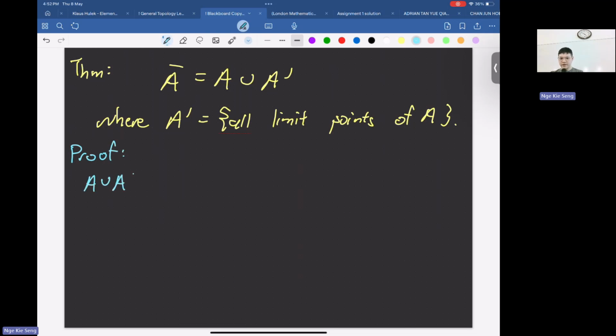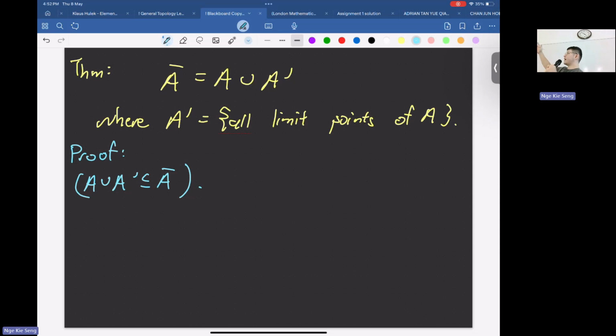So let's go from right to left first. A union A prime is in A bar. Is any inclusion obvious here or not? You want to show everything in the union is in A bar, right?